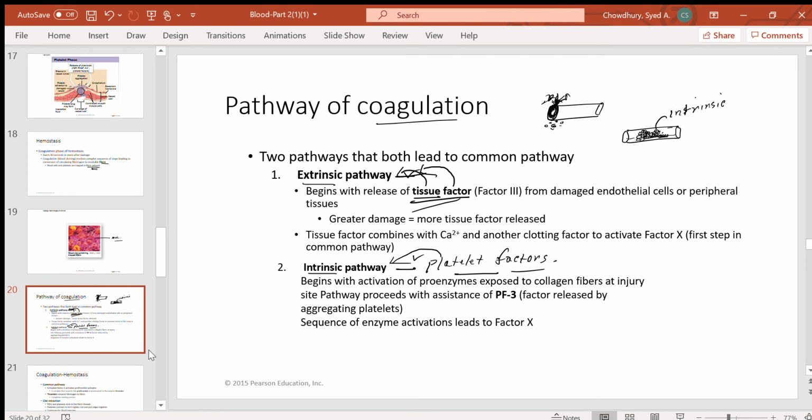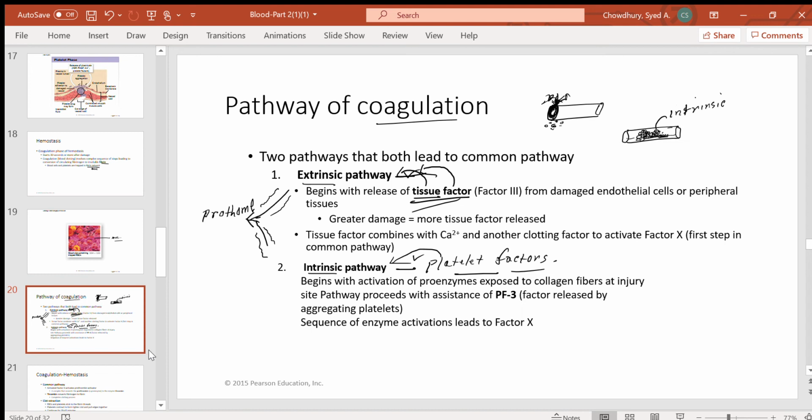And the final outcome of both pathways is the same. They go through different reactions, two separate pathways, so two separate sets of reactions, but finally they will produce the same chemical called prothrombin.